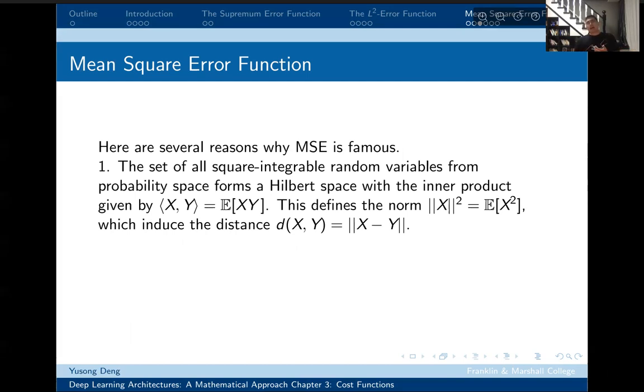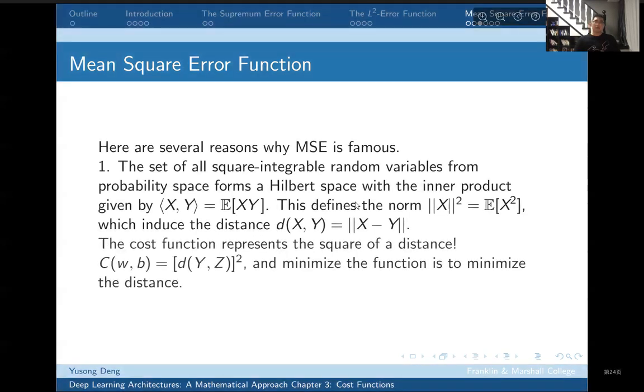This actually defines the norm, where the norm of x squared equals the expectation of x squared, and induces the distance between x and y, which is just written as x minus y. It's easy. And the cost function in that sense represents the square of a distance.